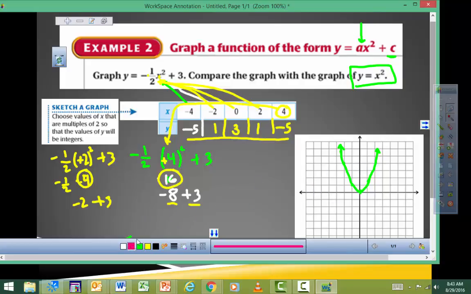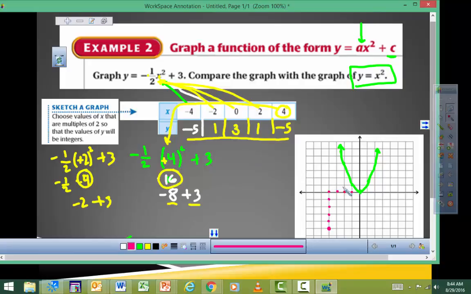Okay, I'm going to use this cool pink color. So at negative 4, 1, 2, 3, 4. We're at negative 4. The graph is at negative 5, or the y value. 1, 2, 3, 4, 5. So here's one of our points.